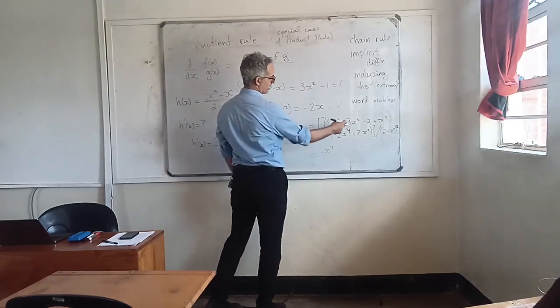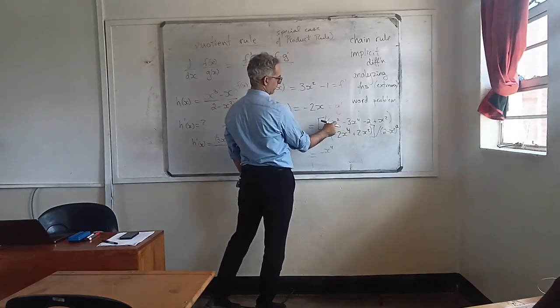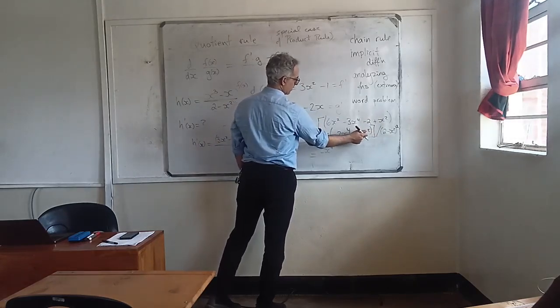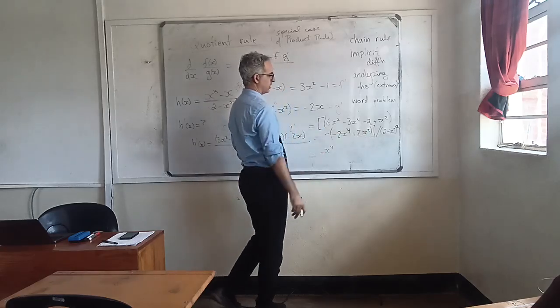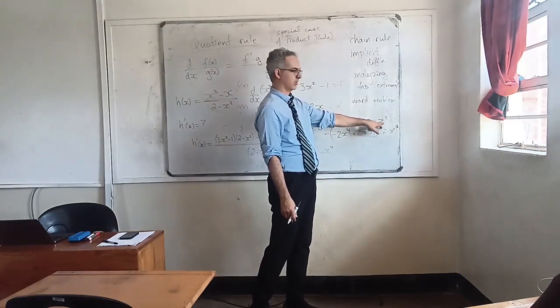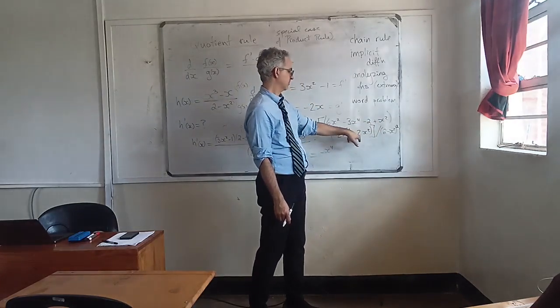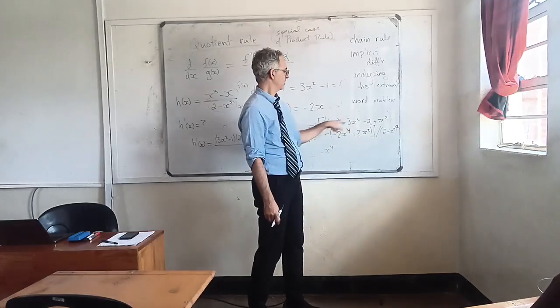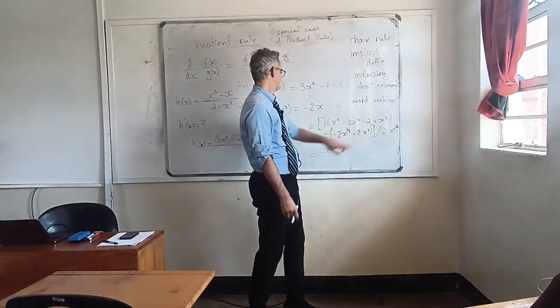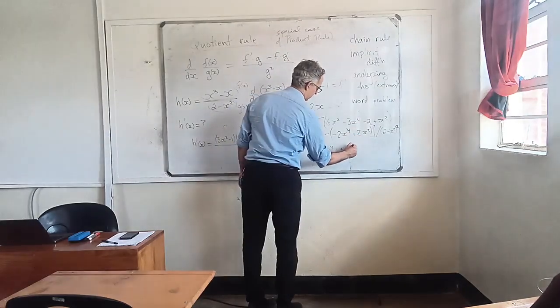Okay, what's the next biggest power? We don't have any x cubed, so we go to x squared. We have an x squared here, here, and here. So what do they add up to? We have the 6 plus 1, 7, minus plus 2. So 7 minus 2 will be 5. So plus 5x squared.